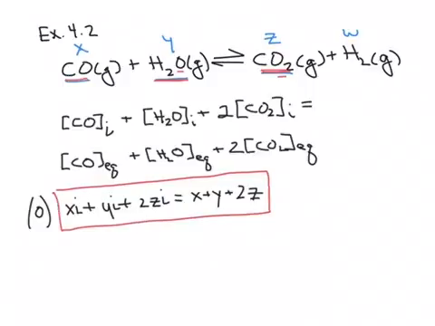How about we go ahead and quickly do a mole balance for carbon or hydrogen? Let's do hydrogen. So for hydrogen, it looks like we will have 2Yi plus 2Wi is equal to 2Y plus 2W.